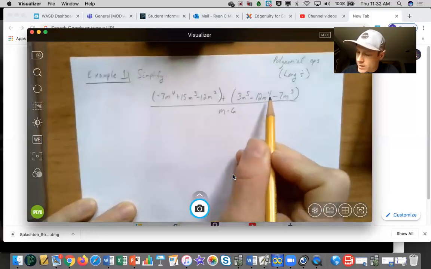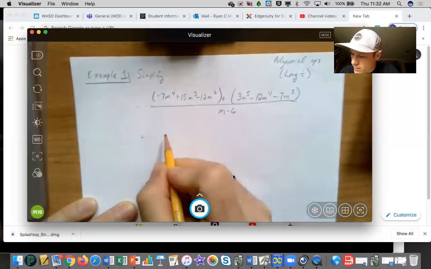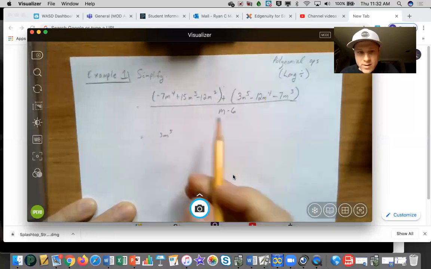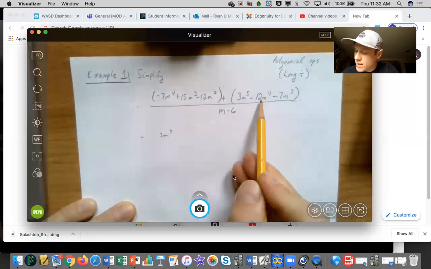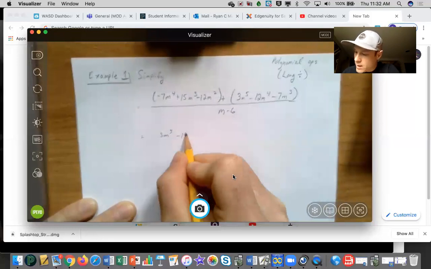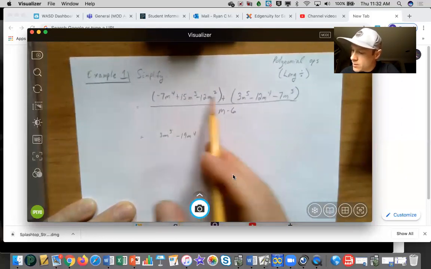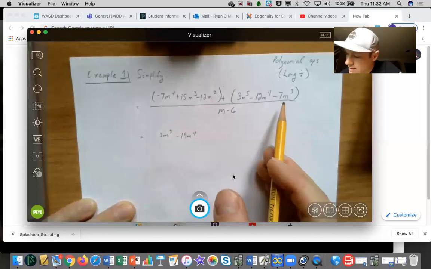So I'm going to rewrite this. The highest degree term is 3m to the fifth. And then we have the negative 7m to the fourth and the negative 12m to the fourth, so that would be negative 19m to the fourth. And then I have my 15m cubed, and I also have my minus 7m cubed, so that's going to be a positive 8m cubed.